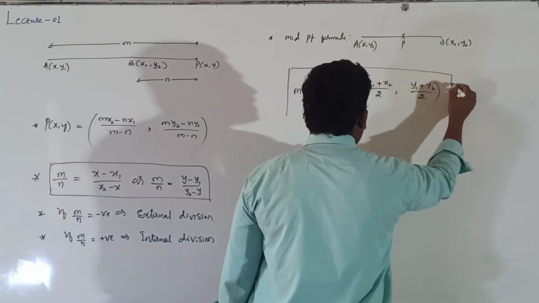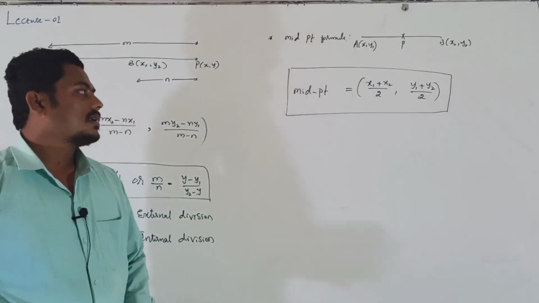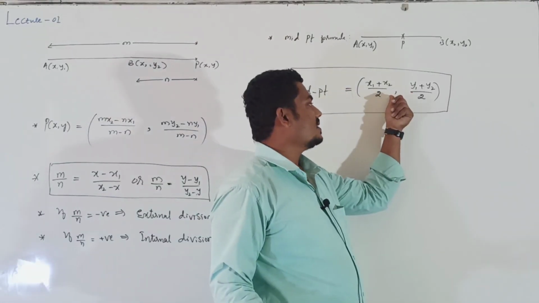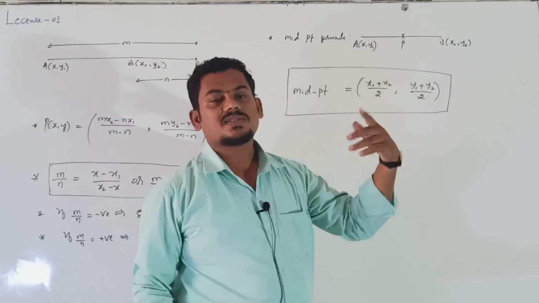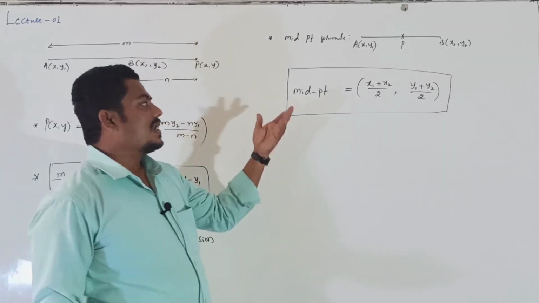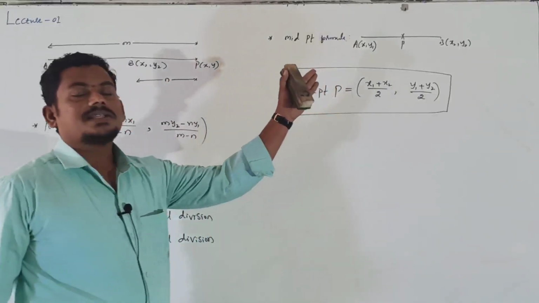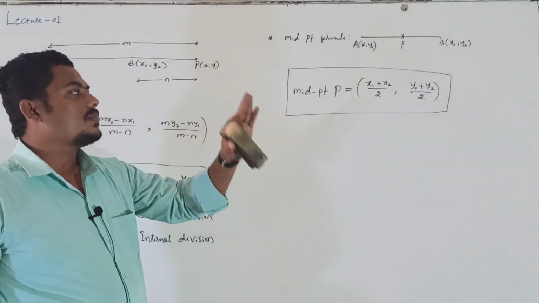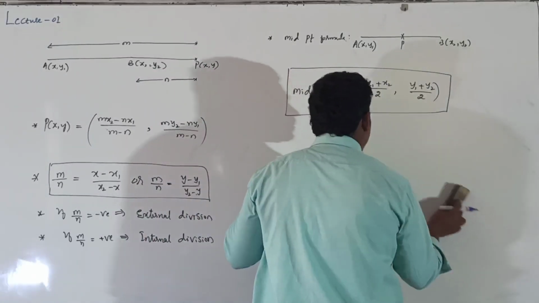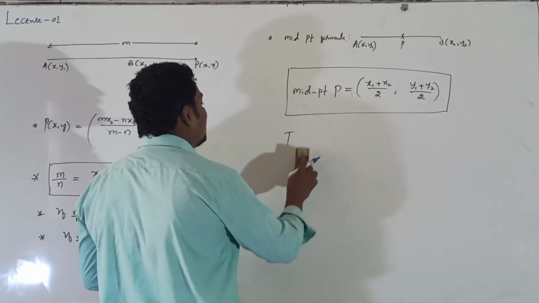In this case, P is the midpoint of AB. After that, one more necessary point, point of trisection.